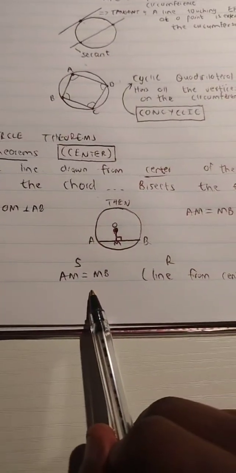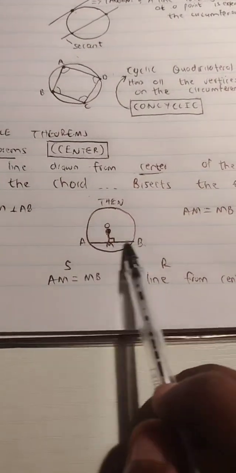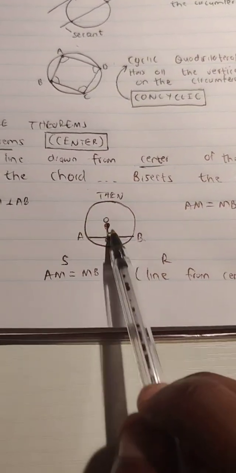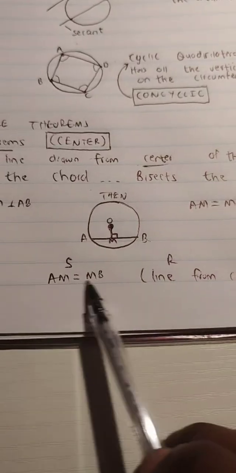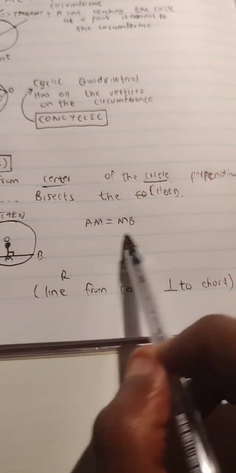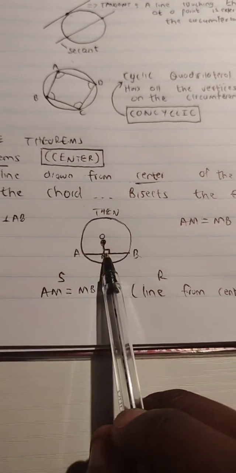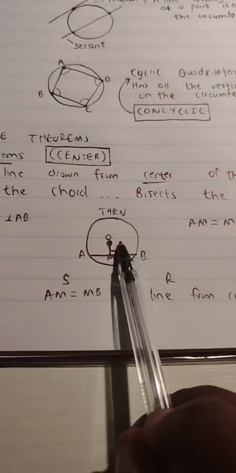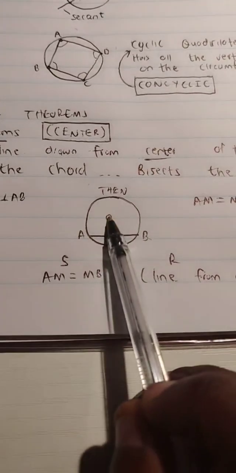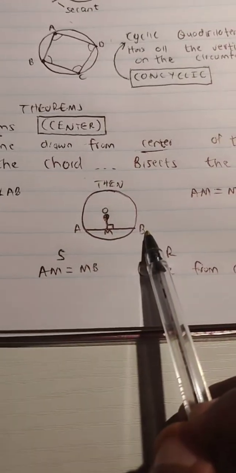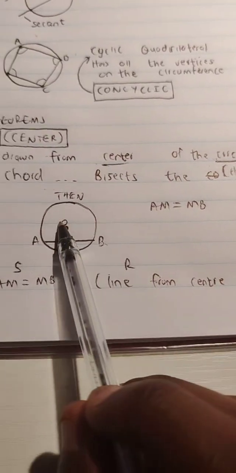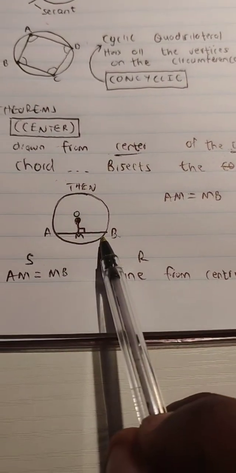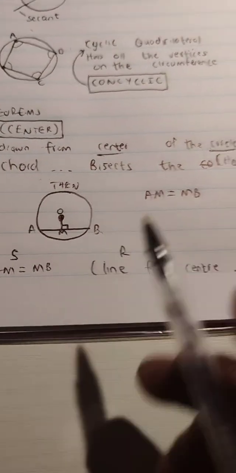Let me repeat this again. What do you see in the diagram? You see OM is perpendicular to AB. What do you write as your statement? You write the conclusion that you can make based on the diagram. What is the conclusion? If a line from the center is perpendicular to the chord, we know that the line bisects the chord.